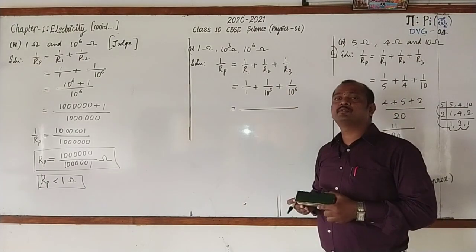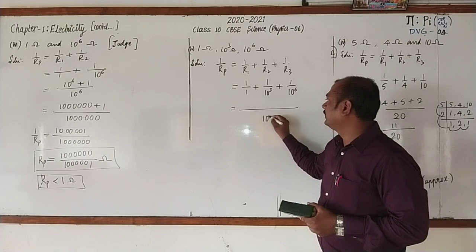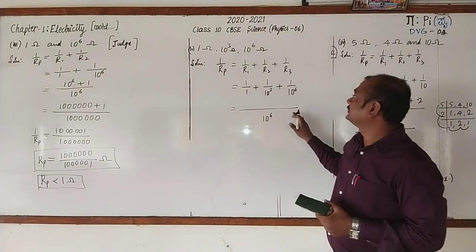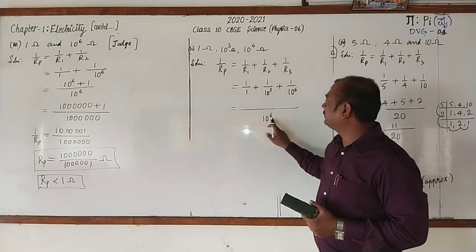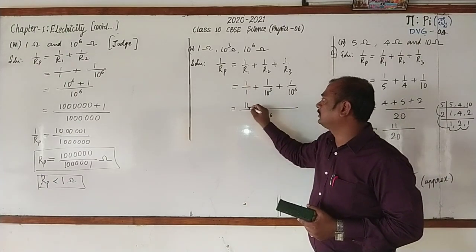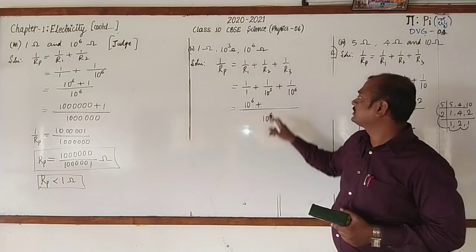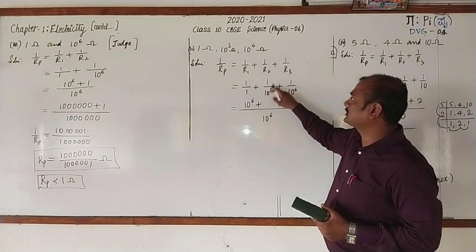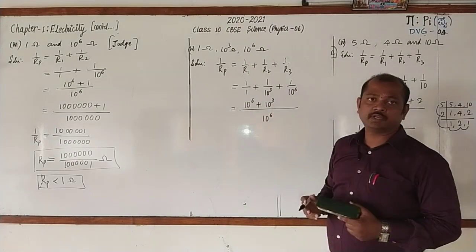Now you can go for taking the LCM. What is the LCM of this? It will be 10 raised to the power 6. Got it? Then multiply 10 raised to the power 6 with the first term, 10 raised to the power 6. For the second term, 10 raised to the power 3 is there: 10 raised to the power 3 into 10 raised to the power 6, it will be 10 raised to the power 3.